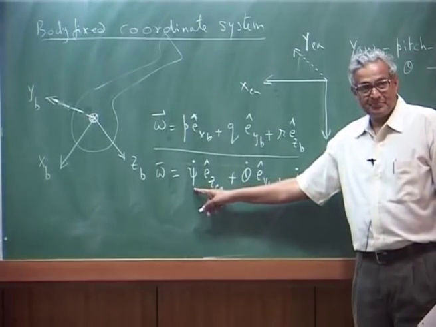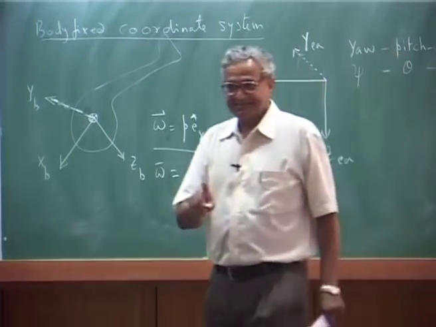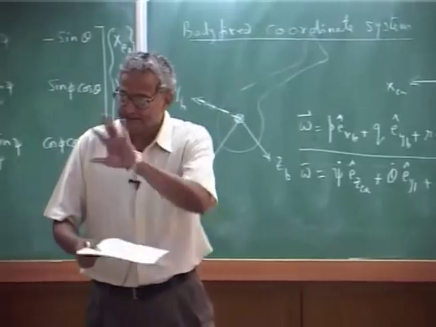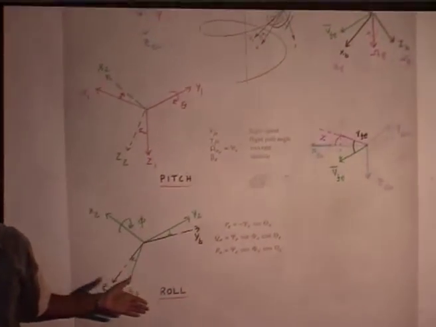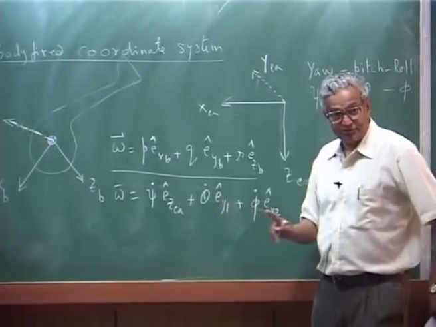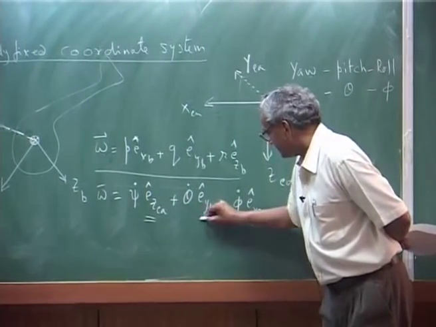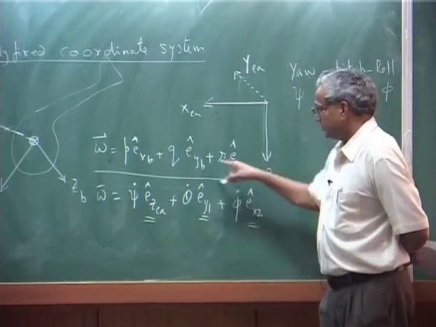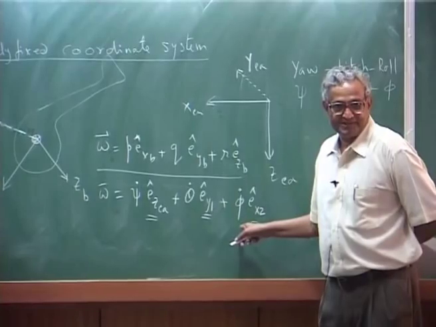These are the time rates of change of orientation of the vehicle as defined by my yaw, pitch, roll sequence. Because yaw is about the z earth, and this is about the rotated y1. Now, what you do is make a transformation of each one of them to body axis, because each one is an intermediate position.